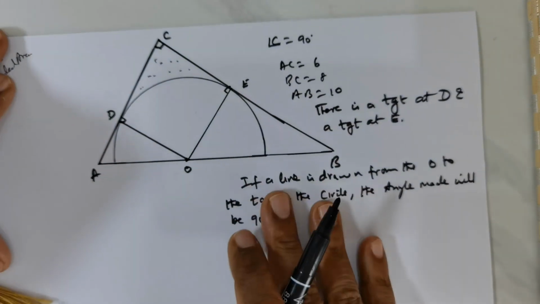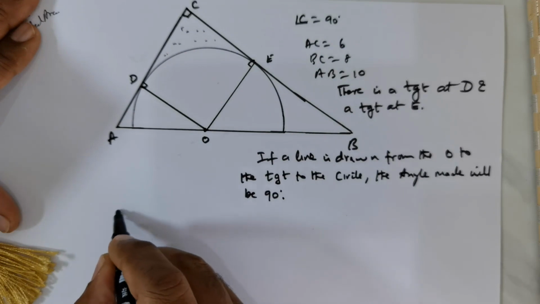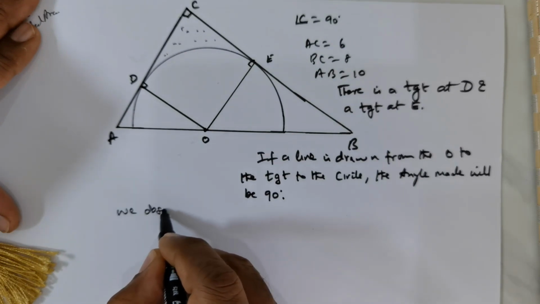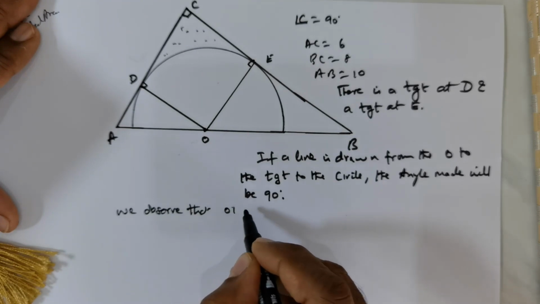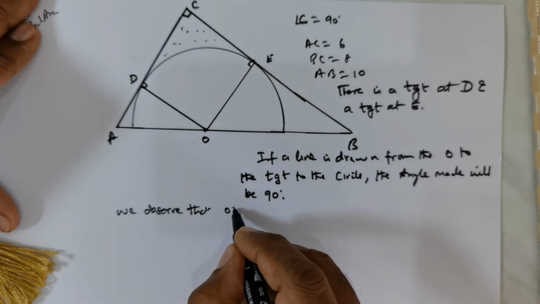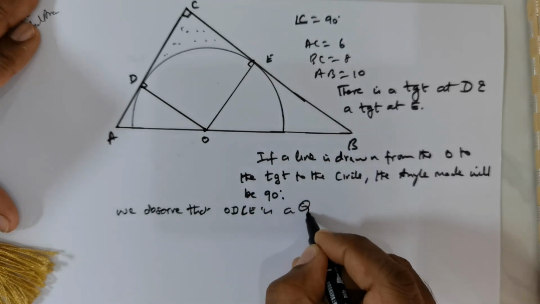and you know that ODCE is a quadrilateral. So let me state that. We observe that ODCE is a quadrilateral.